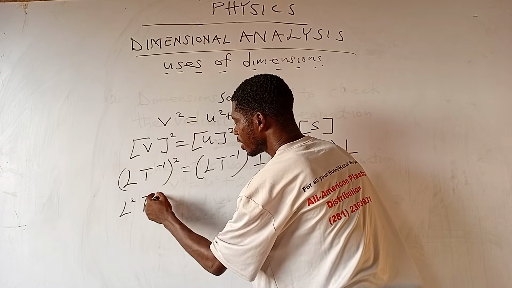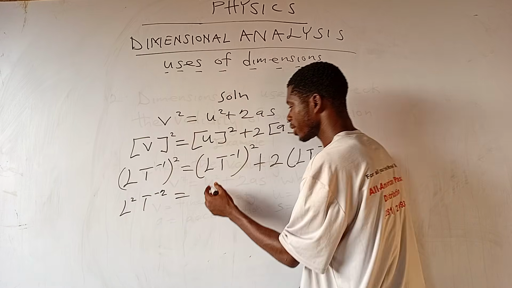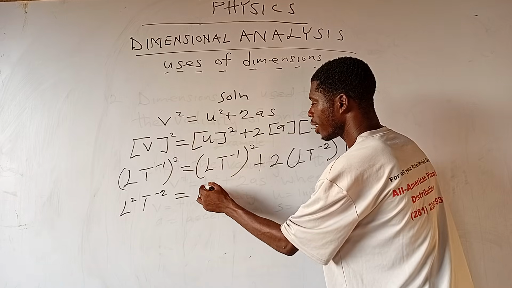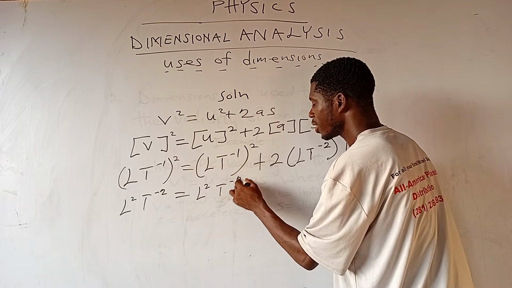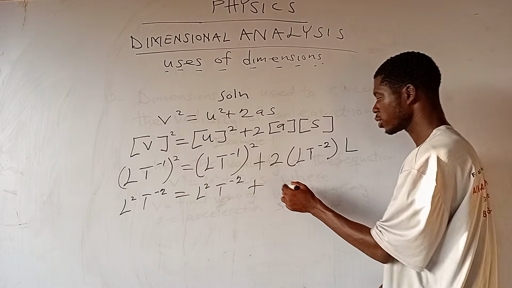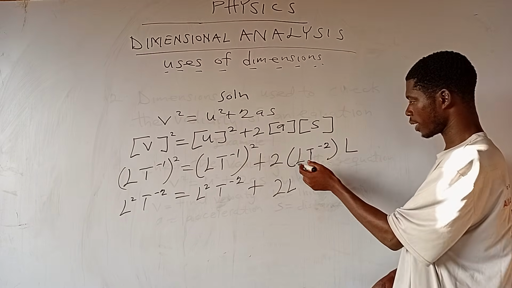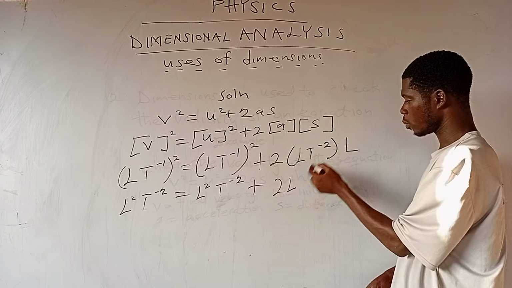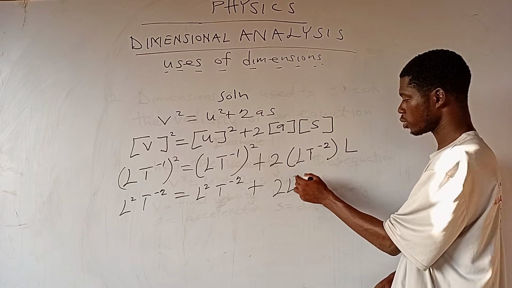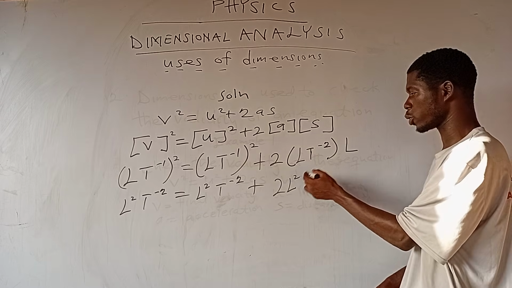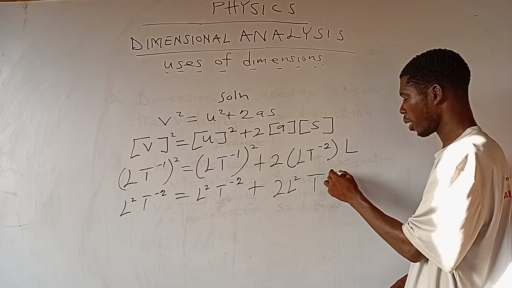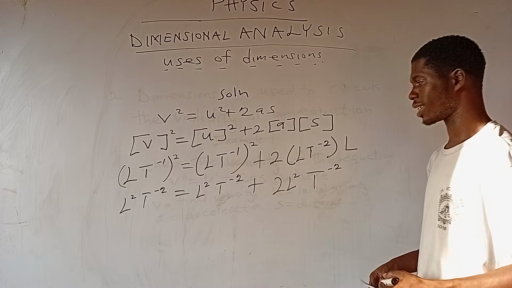Okay, so now we have L2 T neg 2, because you are expanding the bracket, plus 2L. When this one multiplies this, it's L to the power 2, because L times L is L to the power 2, and T to the power -2.